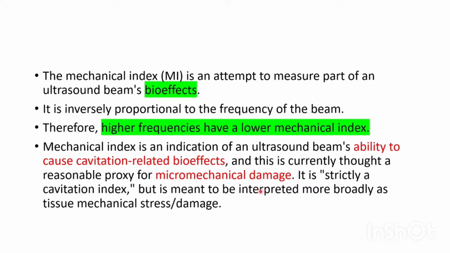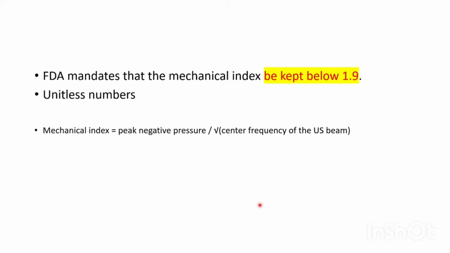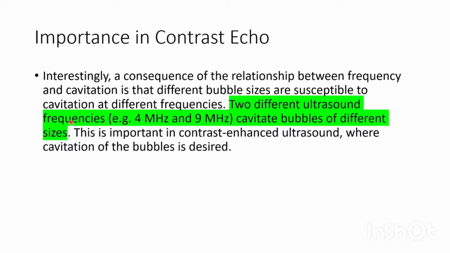Generally, ultrasound is safe, but still to measure any bioeffect or damage these beams can cause, we use this mechanical index. So the FDA mandates that it should be kept below 1.9, and it doesn't have a unit. A complex equation is there to calculate it, and we need not go into details.